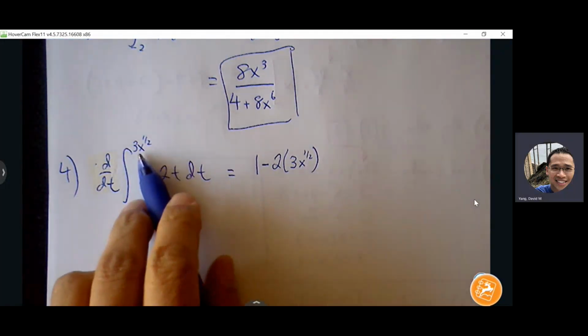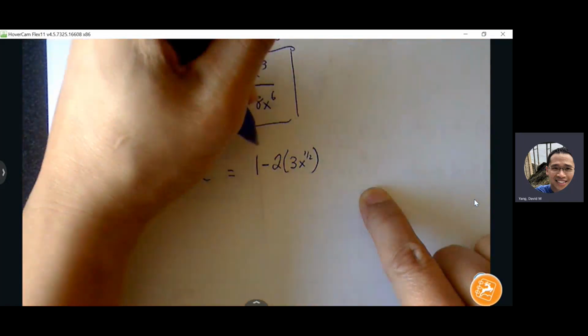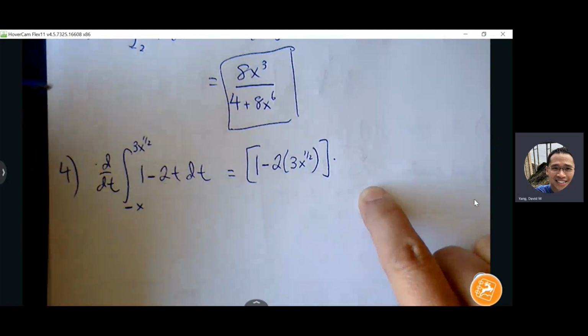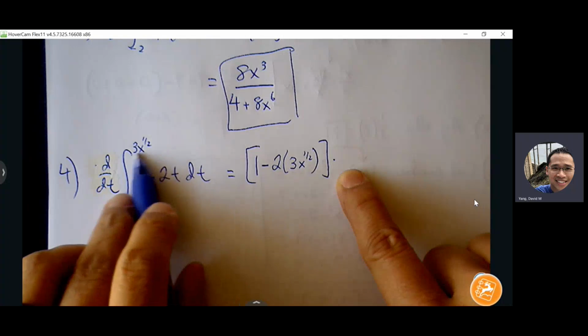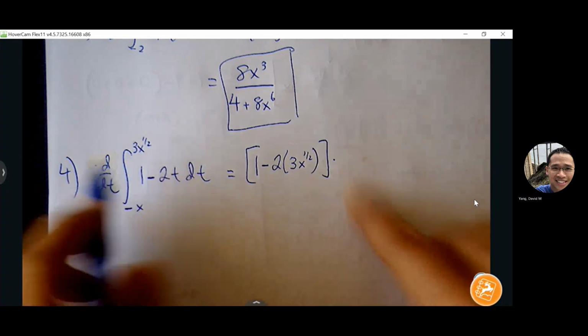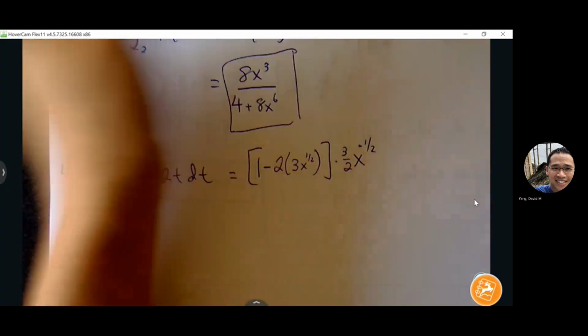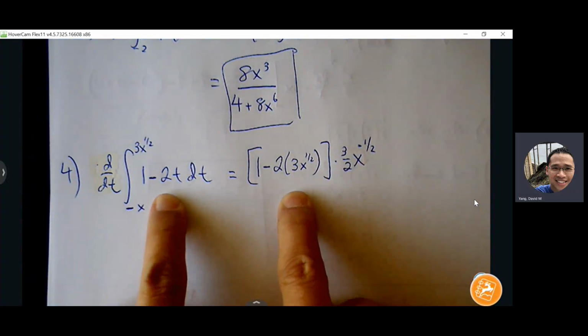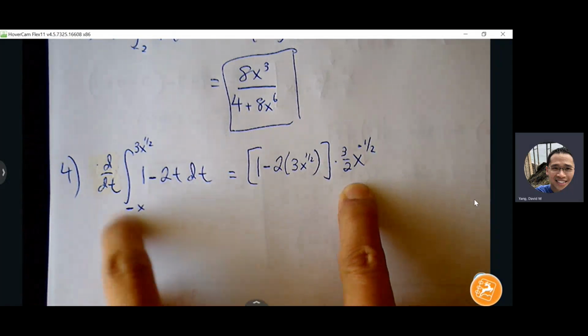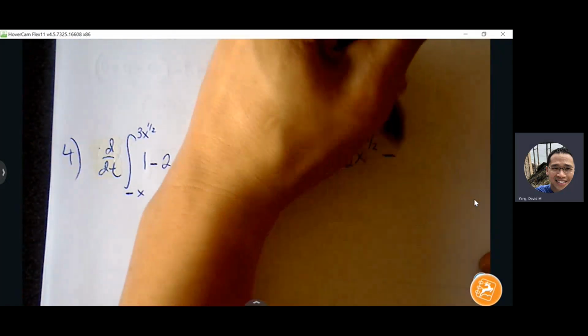I just converted that to x to the 1/2 just to get it ready for power rule, but you can leave it as radical until later. But here I want to do power rule, so that's my f of p of x times p prime. But lower bound is also a variable, so I got to repeat the process.